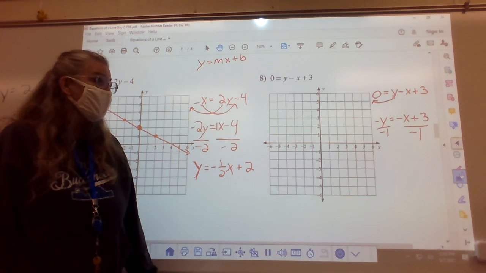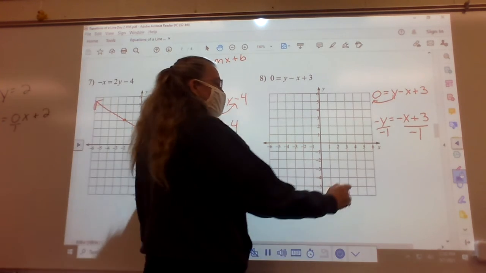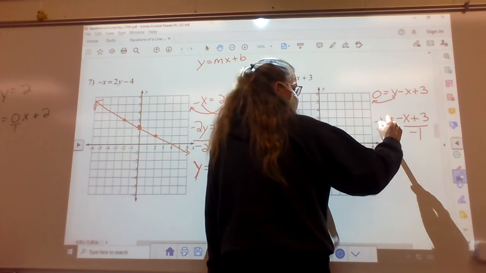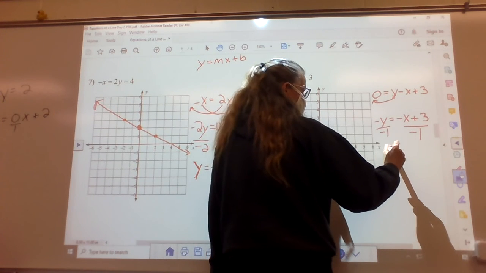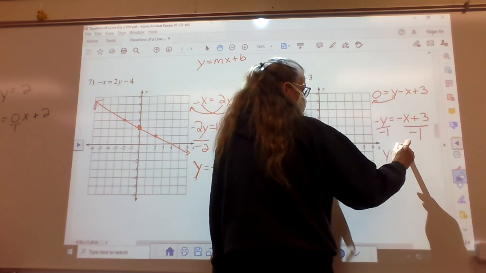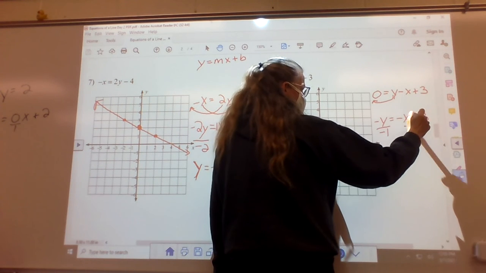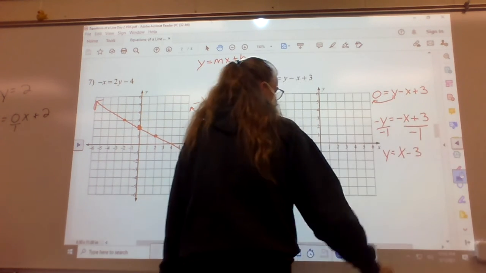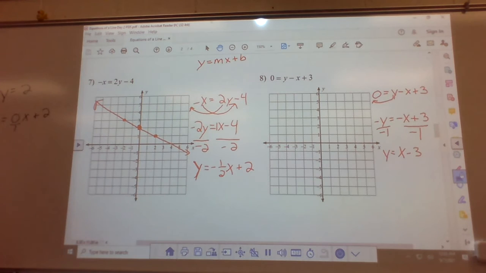You're not dividing by y, you're dividing by -1. So the negatives cancel. I don't need the 1 on the bottom. The negatives cancel. I have an x. Positive divided by a negative is a -3. So all I did was go through and change all my signs, because it's like I divided by a -1.